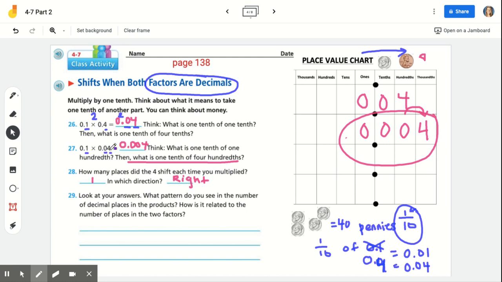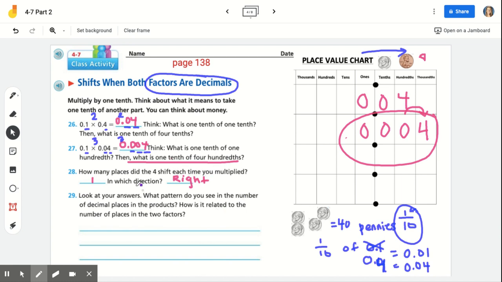Which brings us to a total of 1 decimal place here, 2 decimal places here, gives us a total of 3 decimal places for both our factors. Let's count how many decimal places are there in our product of 4,000ths. Let's underline 1, 2, 3, brings us a total of 3 decimal place values. What pattern do you see?